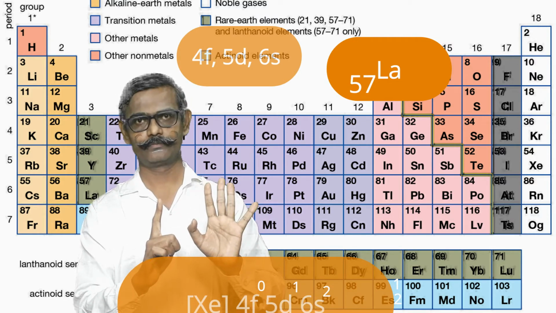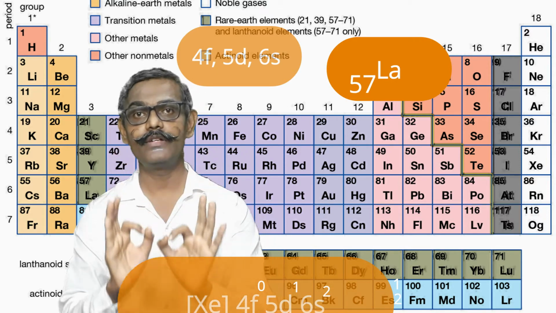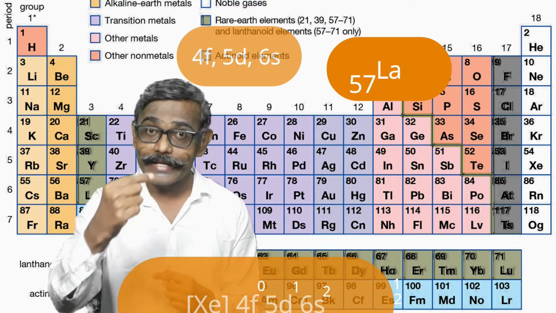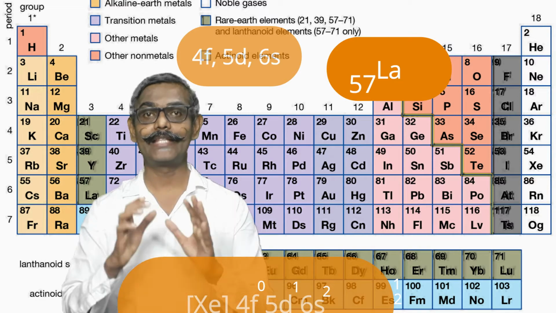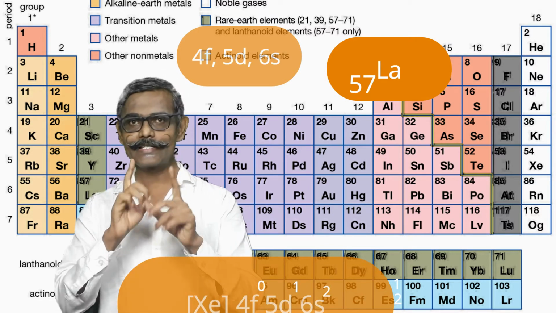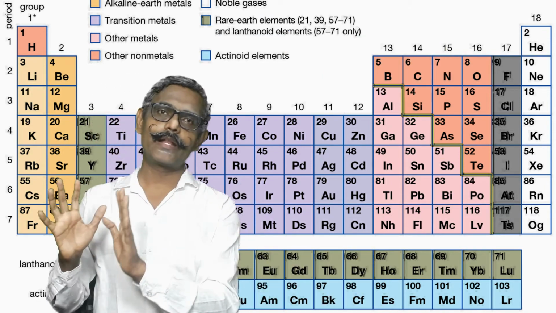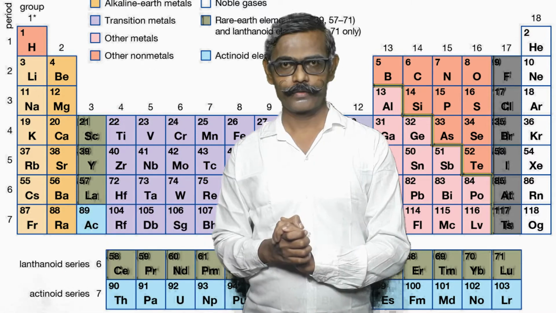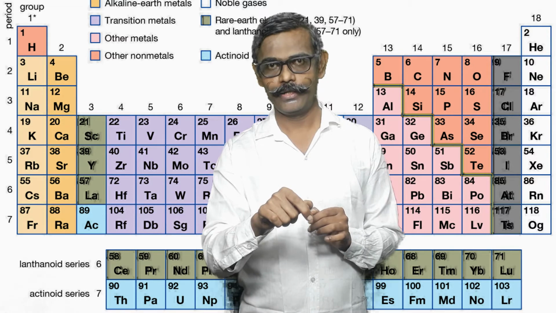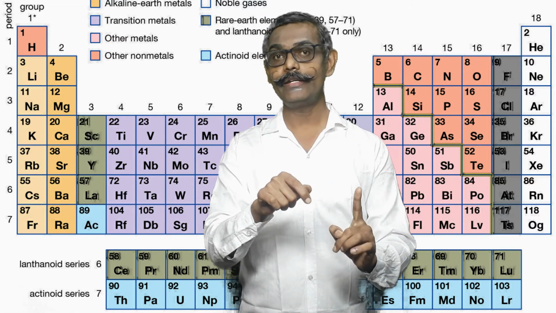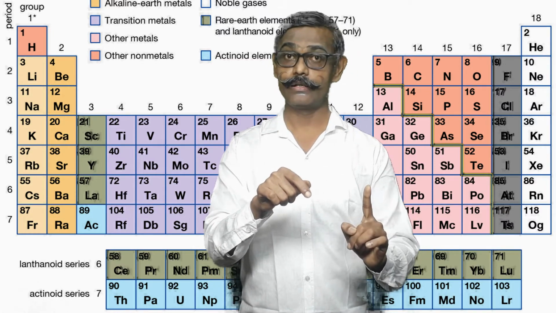People thought this 5d1, 6s2 is an ideal configuration. Accordingly, they expected the electronic configuration of lanthanoids. So what is their expectation? 54 electrons as were there in xenon. Then the 55th electron will be in the 5d orbital, the 56th electron in the 6s orbital, the 57th electron in the 6s orbital.